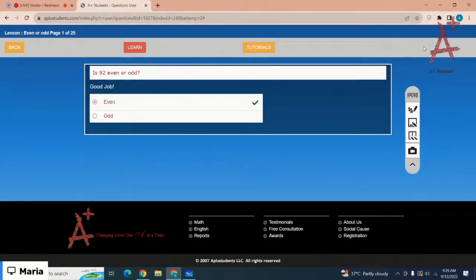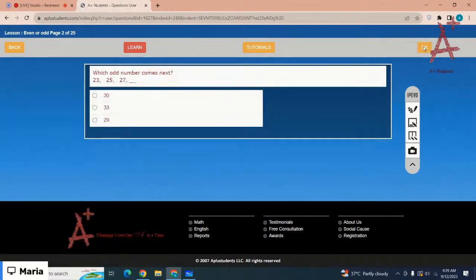Very good. Okay, which odd number comes next? So which is the next odd number after 27? 30, 33, or 29? Which is the correct option?